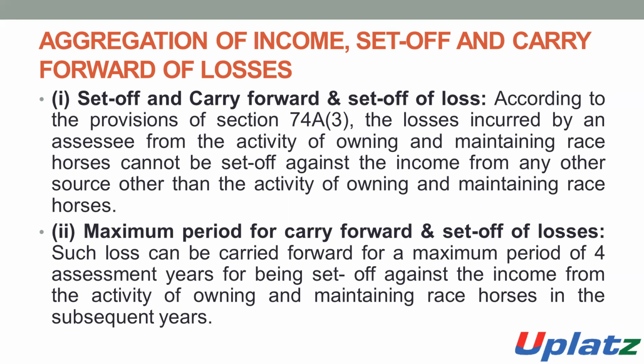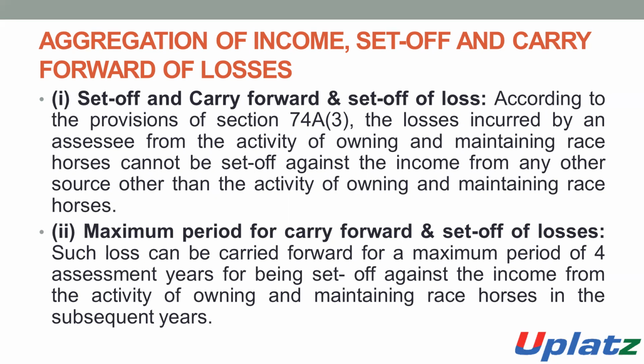Maximum period of carry forward and set off of losses means for how many years we can carry forward and set off these losses. The loss can be carried forward for a maximum period of 4 years.